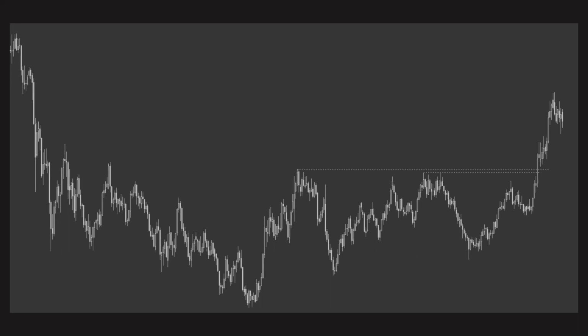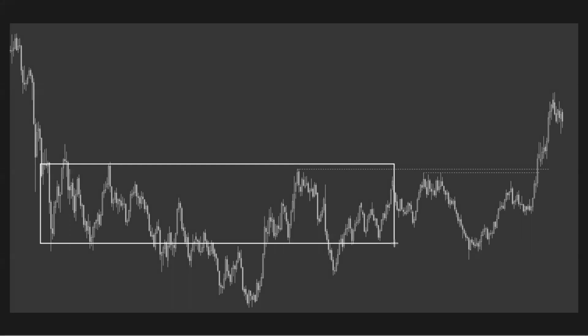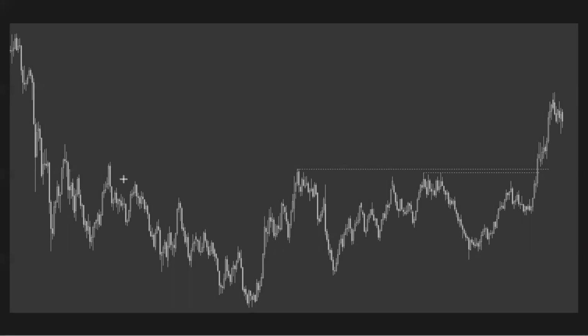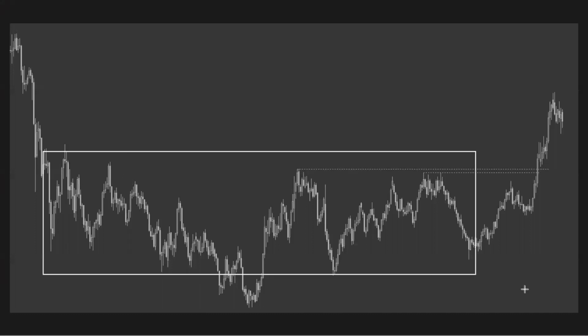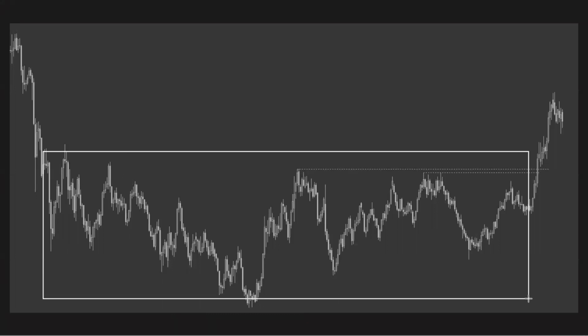So just some perspective, this is a weekly chart, I think, for those of you who don't trade gold, and you can see that gold had been trapped or contained in this range for about 6 years before it finally broke out in June, I think it was.